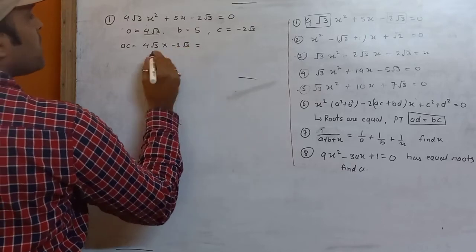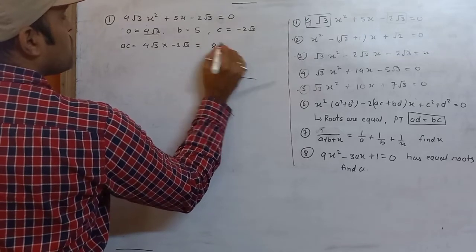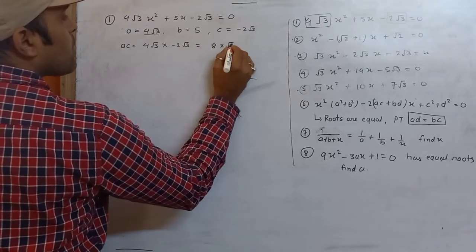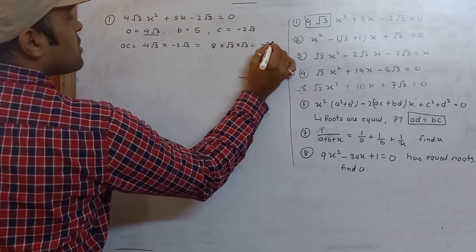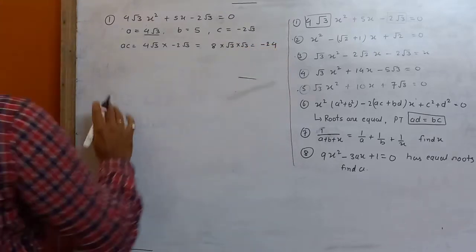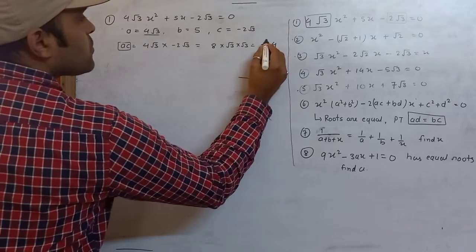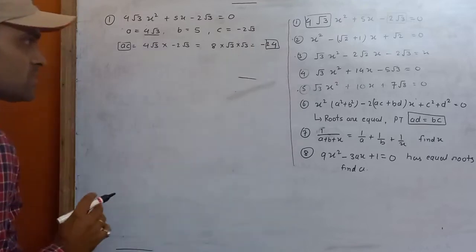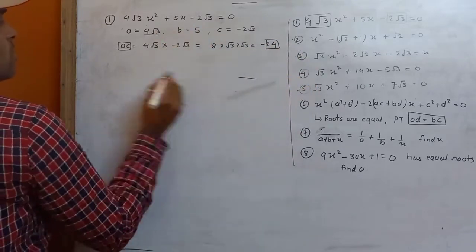So we get 8, and root 3 multiplied by root 3 will become 3, so we will get minus 24. Now this ac will be factorized, meaning 24 will be factorized such that the sum of the factors will be equal to 5.